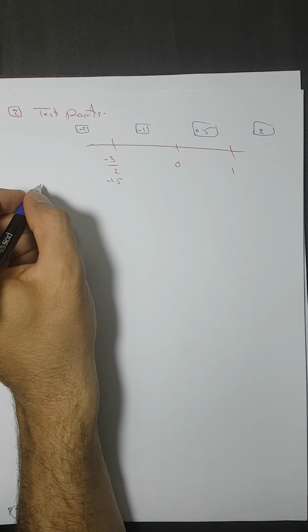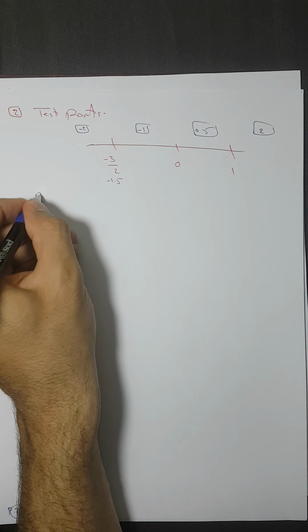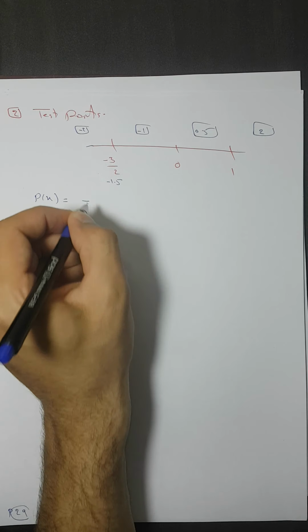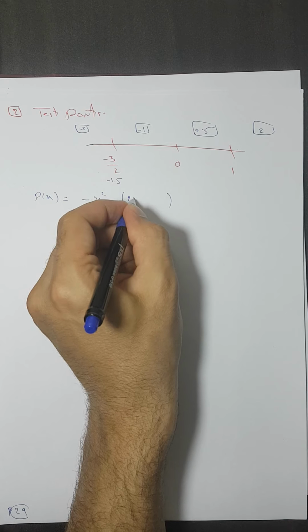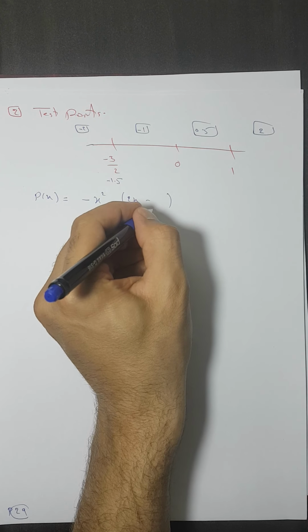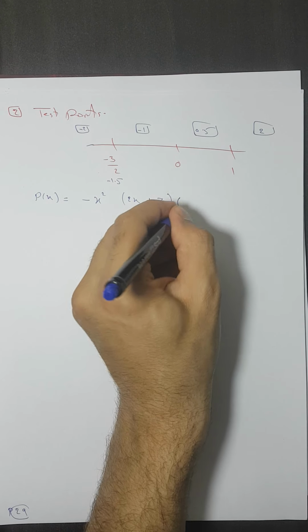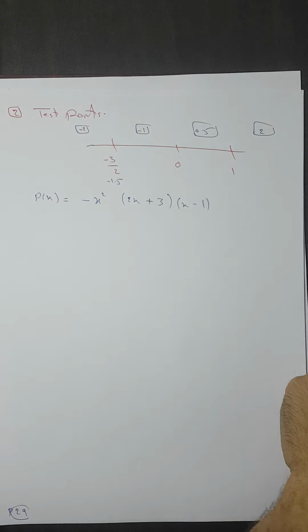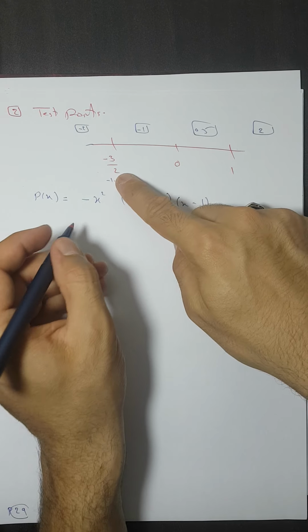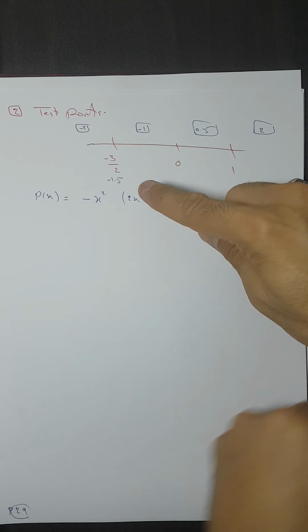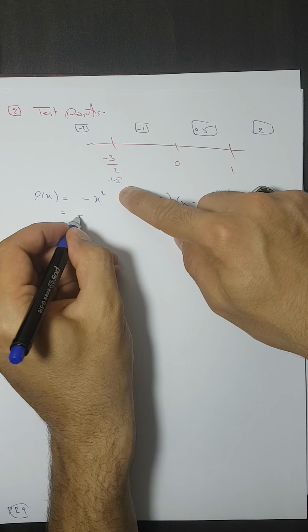Now we have p of x is equal to minus x squared, so I have a minus here also, times 2x plus 3, right? And x minus 1. Now if I put minus 1.5 here, I will get what?